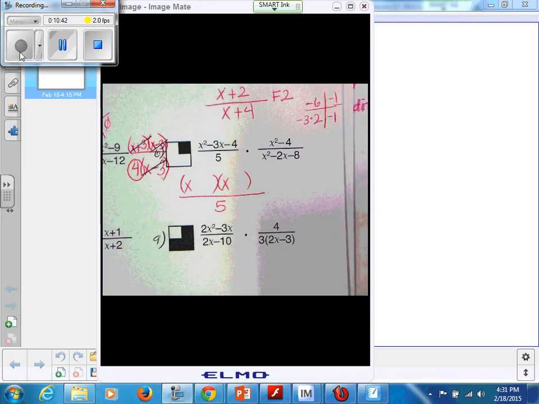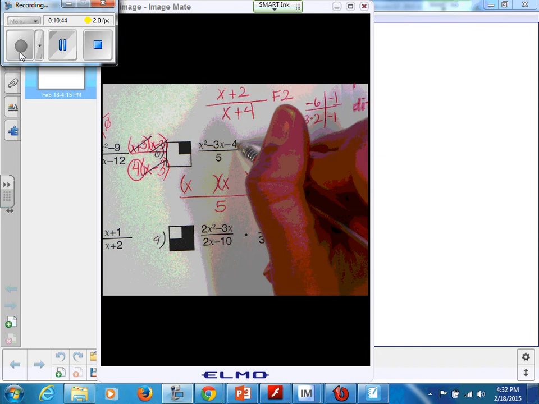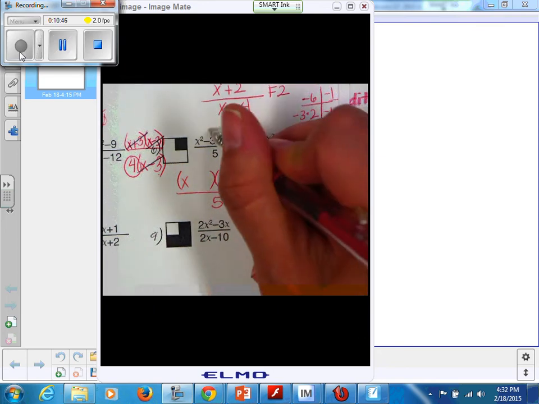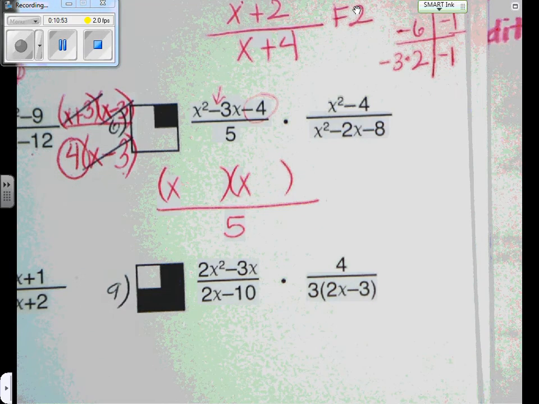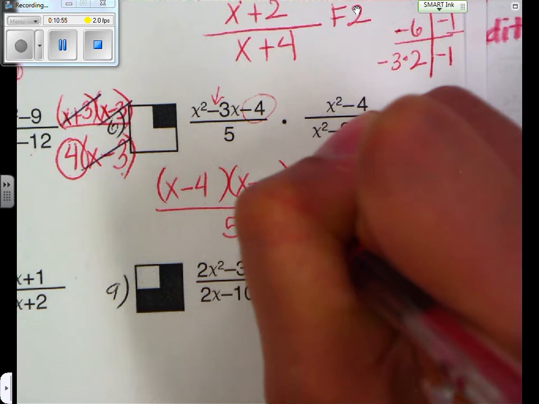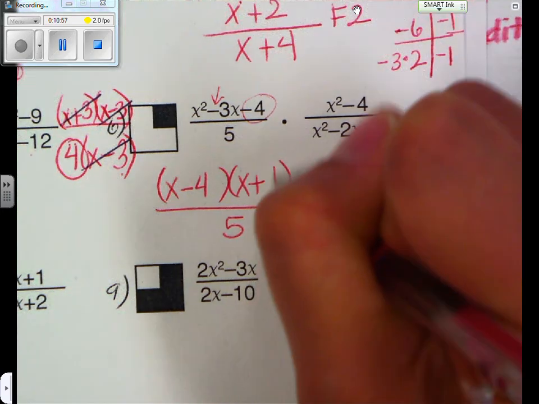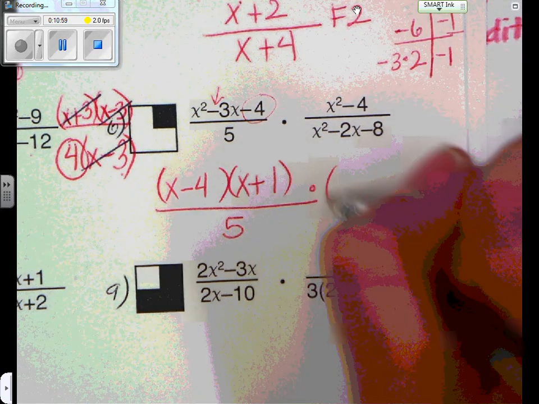All right, so I'm going to have to go, guys, but I'm going to go ahead and finish this last one. What are the factors of -4 that add up to -3? -4 and +1. Perfect. So you're going to have x minus 4 and x plus 1.